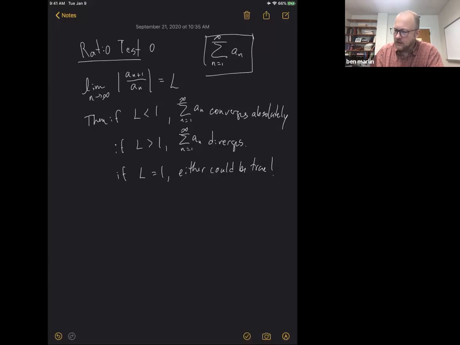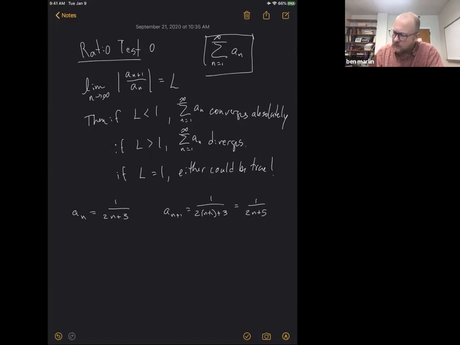So if I said a sub n was equal to, let's say, 1 over 2n plus 3, then when I do a sub n plus 1, that means replace all of the n's with n plus 1's, and then do whatever algebra is necessary to finish that up. And here that ends up going 2n plus 5, okay?